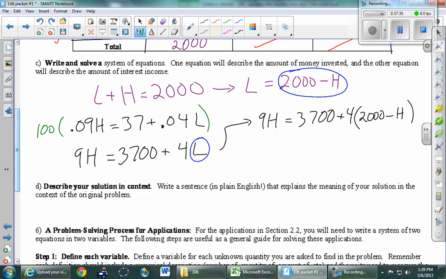Okay, so then we'll distribute. Bring all those h's over to the left by adding 4h to both sides.